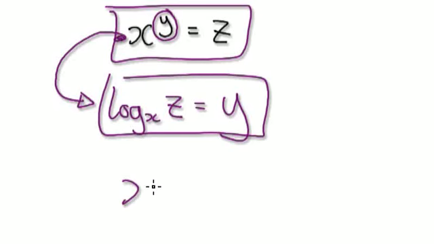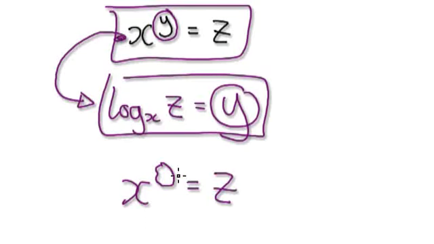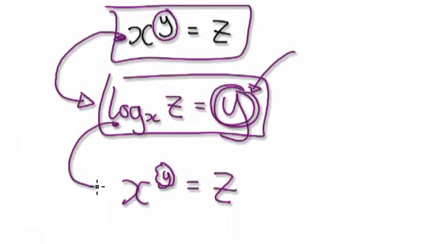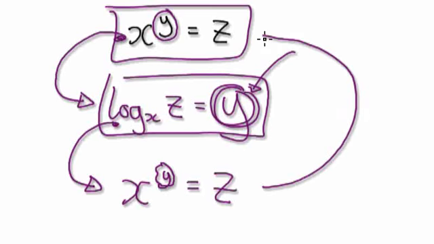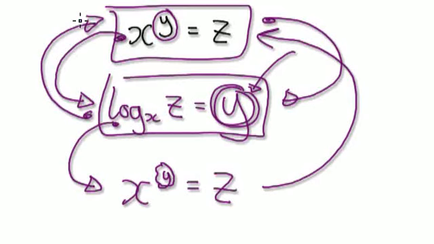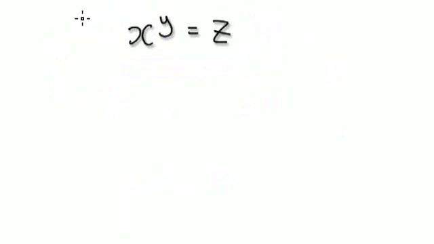This is your base here. So x to the power of what will give me z. And looking at this here, it is y. This thing here is your index. So when given this, we can always translate it back to the original. Remember, you've got to be able to jump from here to here, and then from here back to here. You should be able to do that in your sleep. So train yourself to be able to do it in your sleep.